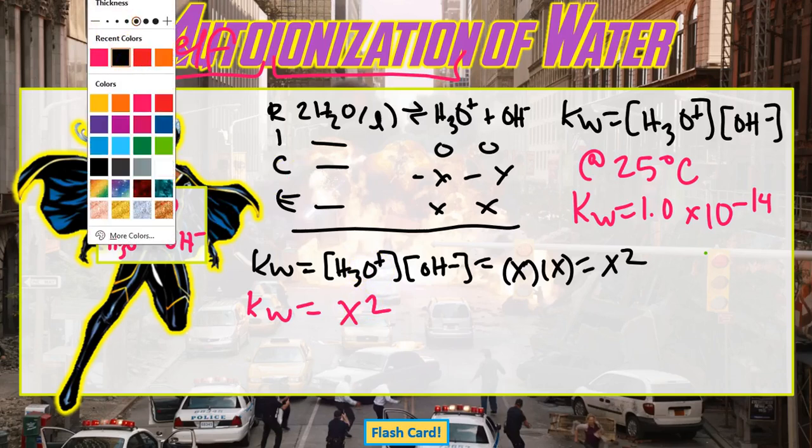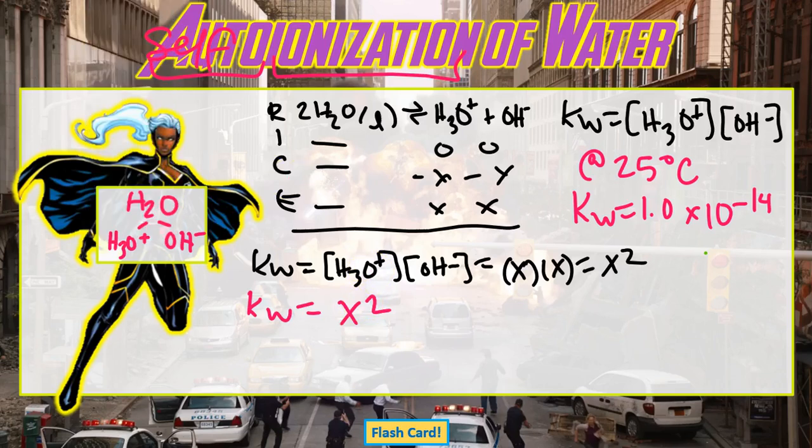Other chemists in this world have already done the work for us, and they found that at 25 degrees Celsius, Kw is equal to 1.0 times 10 to the negative 14. So if I know that my Kw is equal to my H3O+ and OH- concentration, and I know my Kw value here, I can solve for x. And if I solve for x, I'm therefore solving for the concentration of H3O+ and OH-. So let's go ahead and do that.